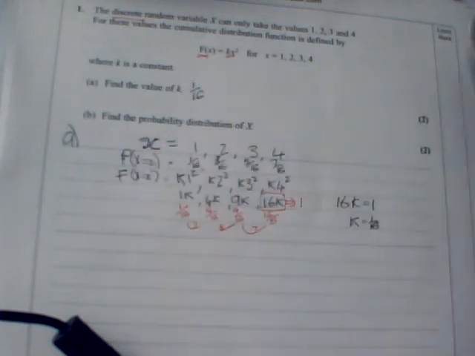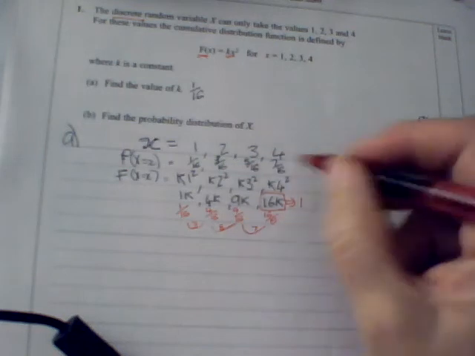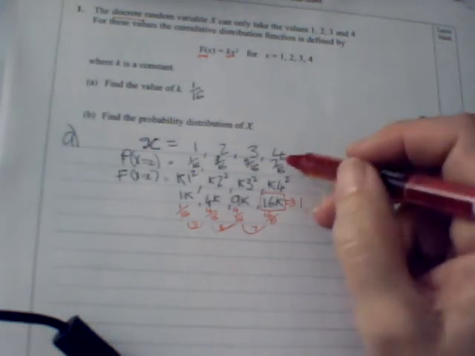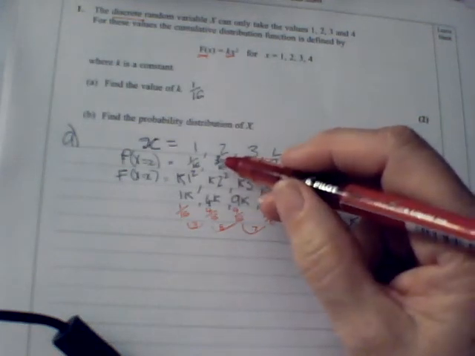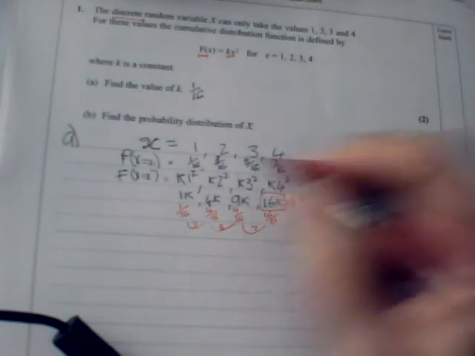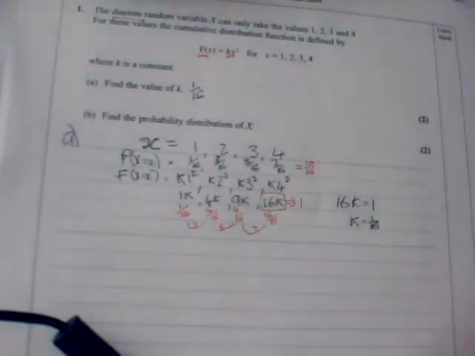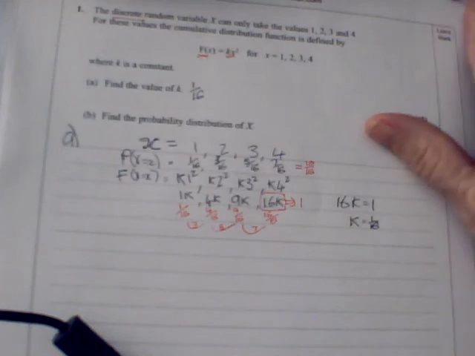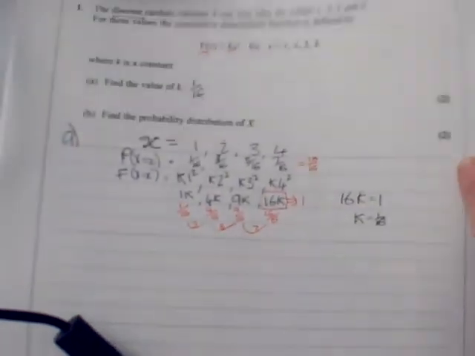That's the probability distribution, but we must always check that it equals 1 if we add all these up. So 7, 12, 13, 16, so that equals 16 over 16, so we know that it's right. That's question 1, easy peasy, over and done with.